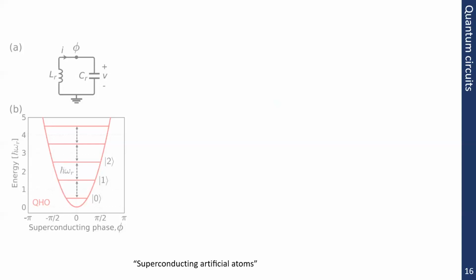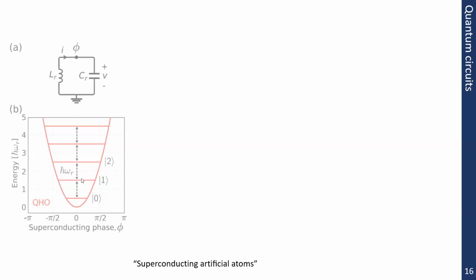Again, for a linear LC resonator, we get an equidistant harmonic response, which cannot be used as a qubit because we cannot select only two transitions.